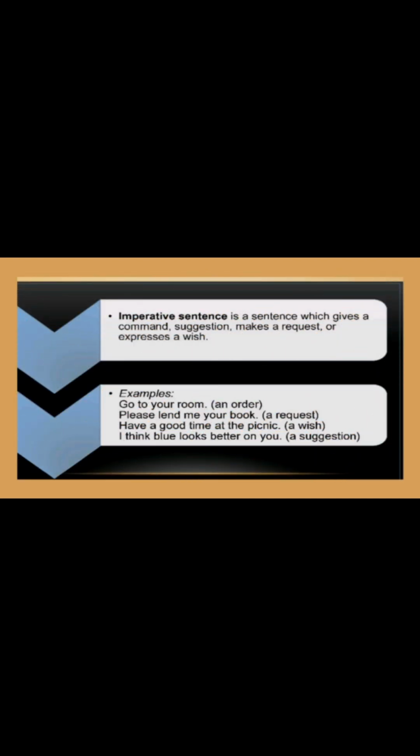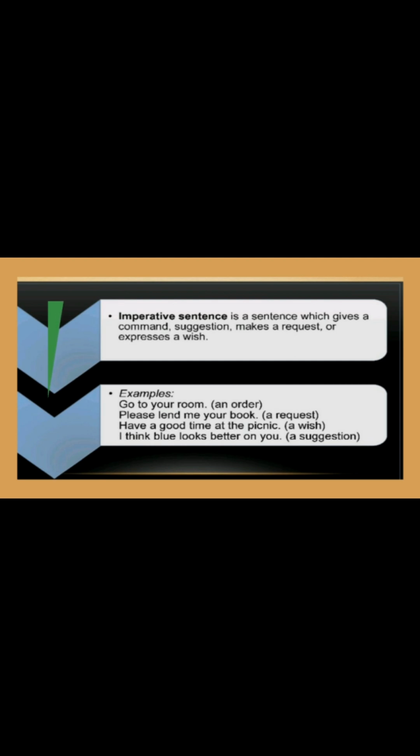Another kind of sentence is the imperative sentence. It is a sentence which gives a command, suggestion, makes a request, or expresses a wish. In these sentences, we find any type of suggestion or request. For example, go to your room.